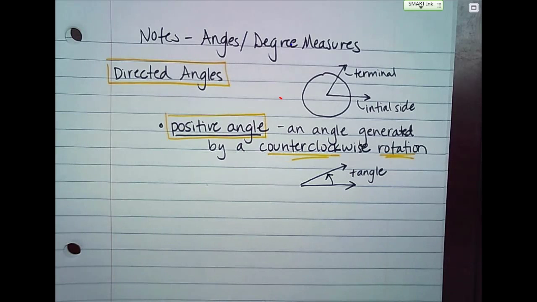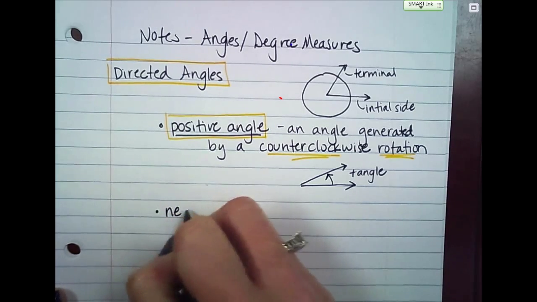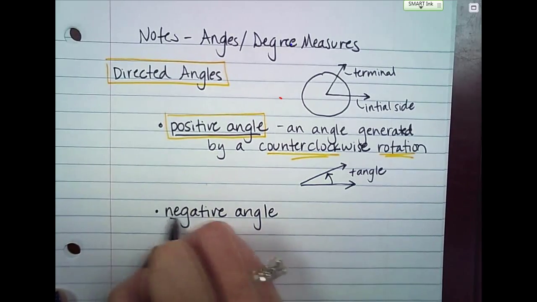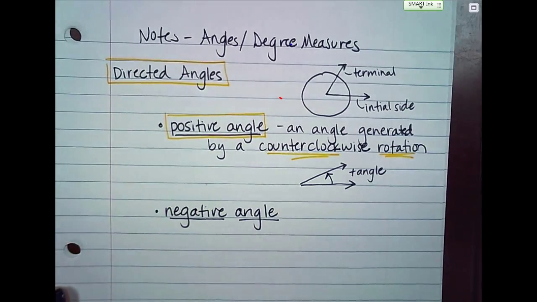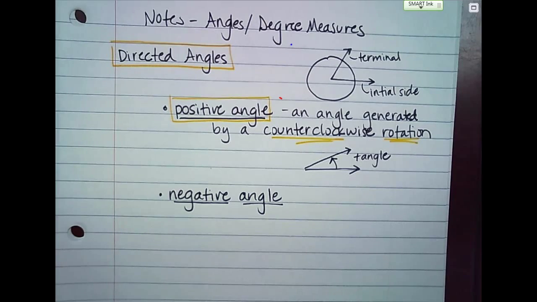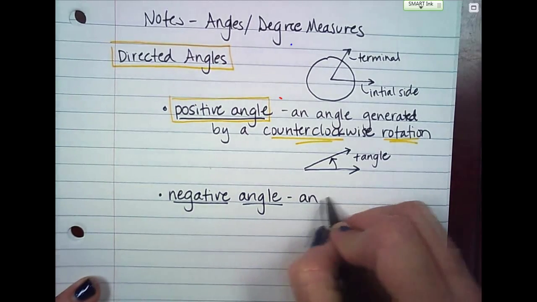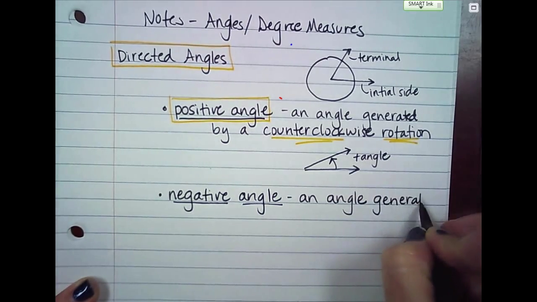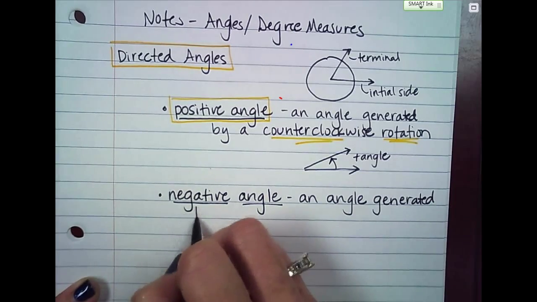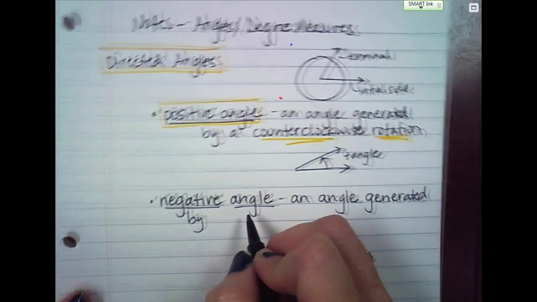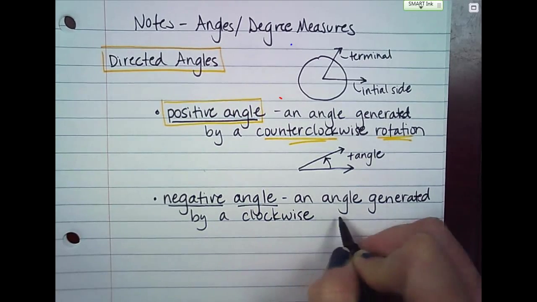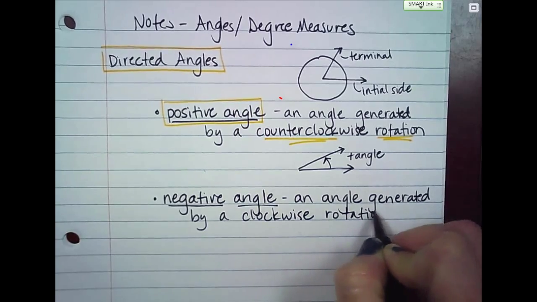Now then, if we go the other direction, what do you think it's going to be called? A negative angle, right? So add that in. And it's an angle generated by a clockwise rotation, which to me is backwards.